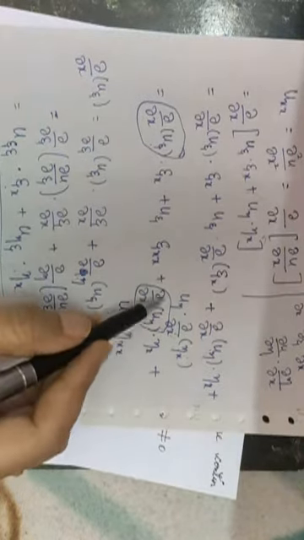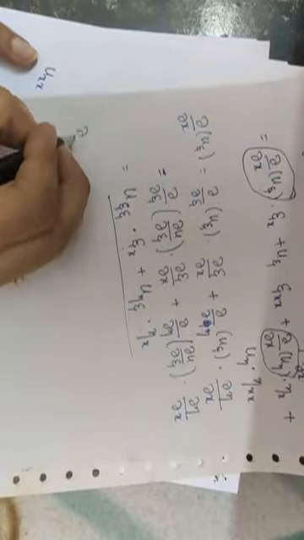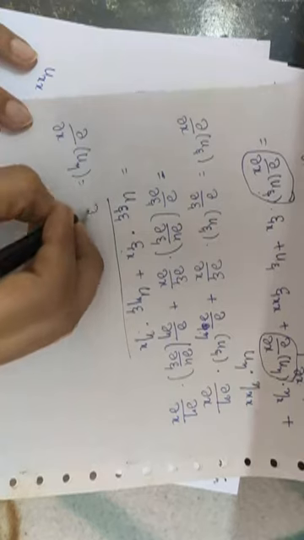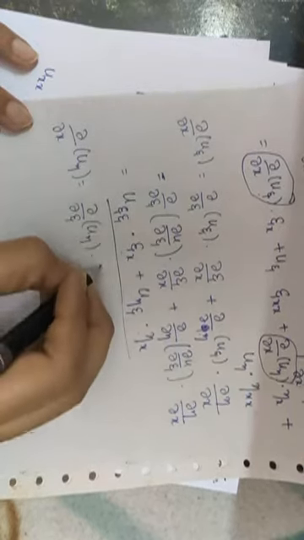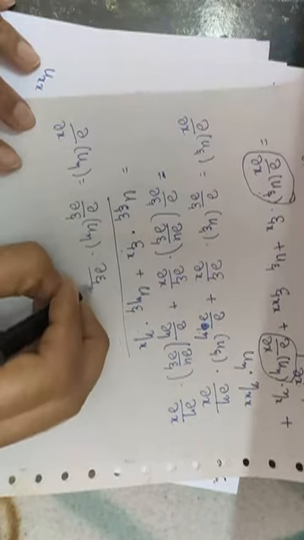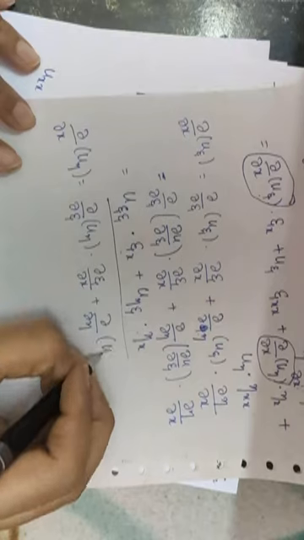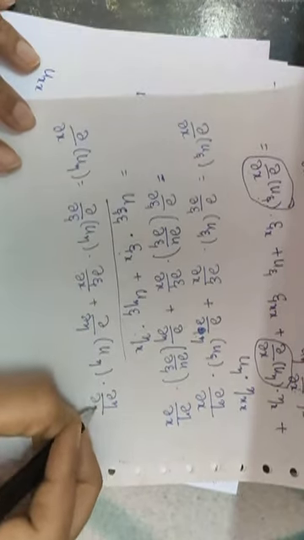Similarly, find out ∂/∂x of u_eta. So ∂/∂x of u_eta is nothing but ∂/∂xi of u_eta into ∂xi/∂x plus ∂/∂eta of u_eta into ∂eta/∂x.